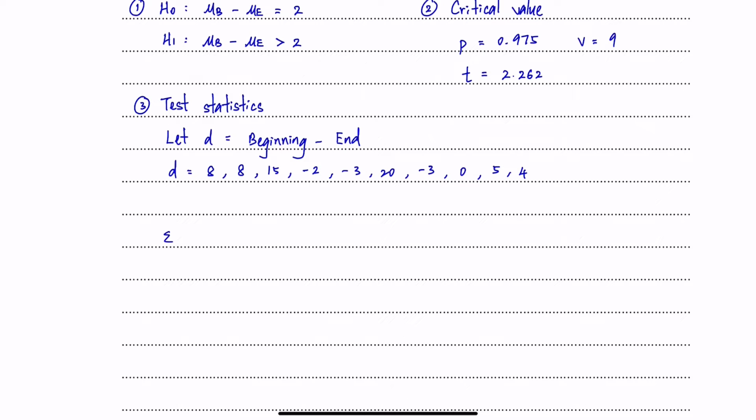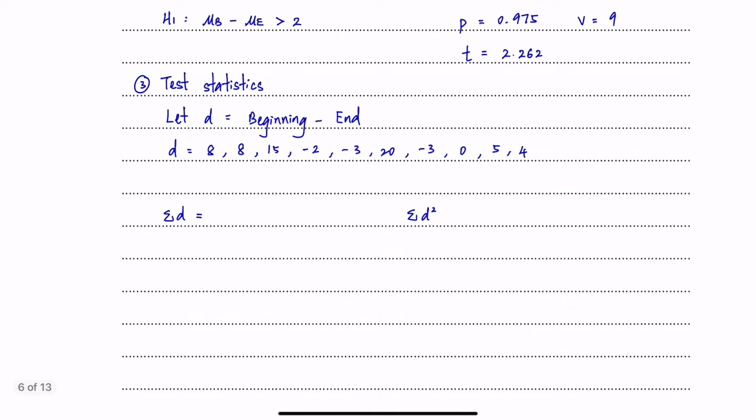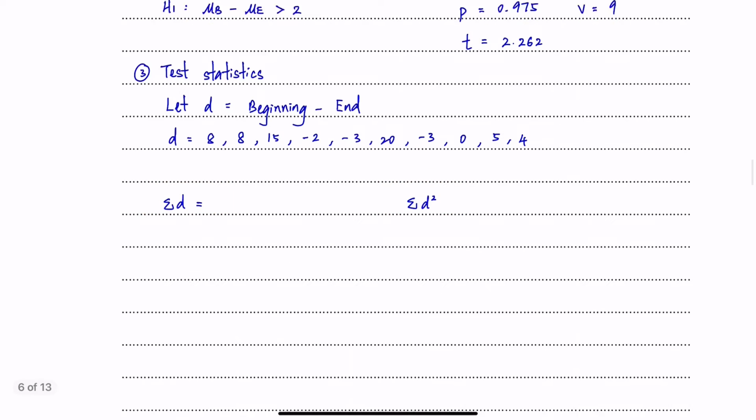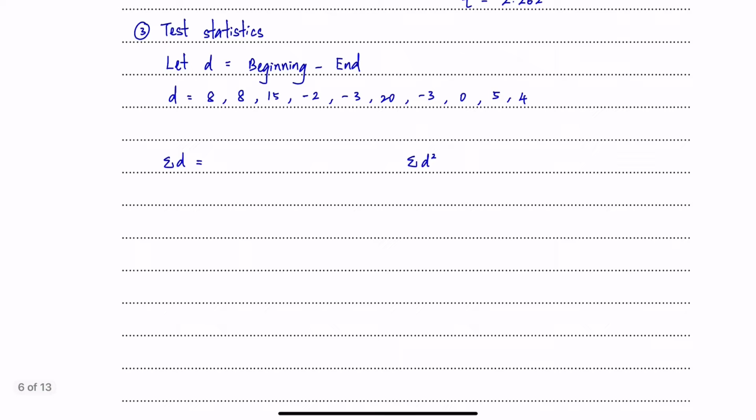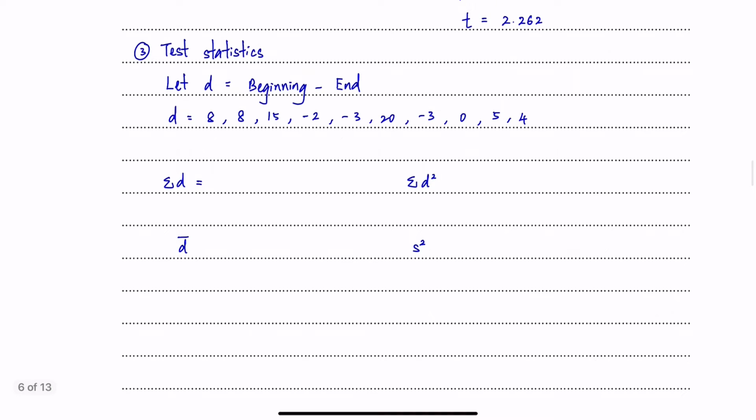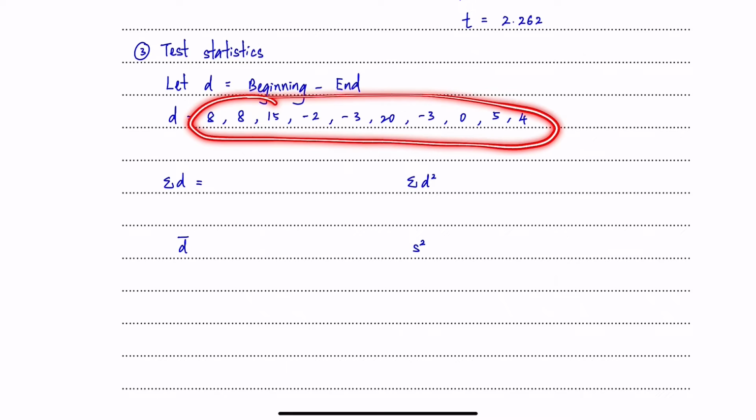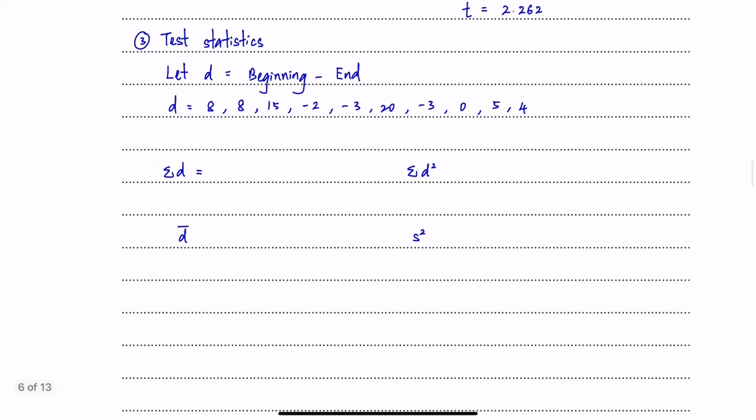And now we can find the sum of D and the sum of D squared. These two values are important because we will need to find the mean of D and our S squared value. So for the sum of D, we can add all of this up and we would get 52 as our value.